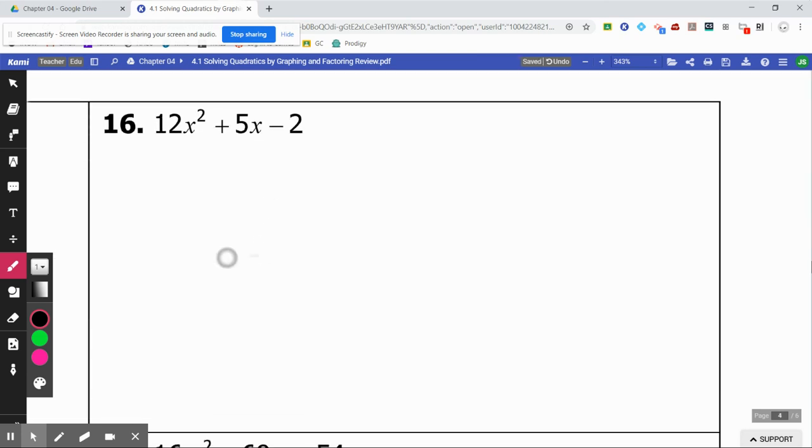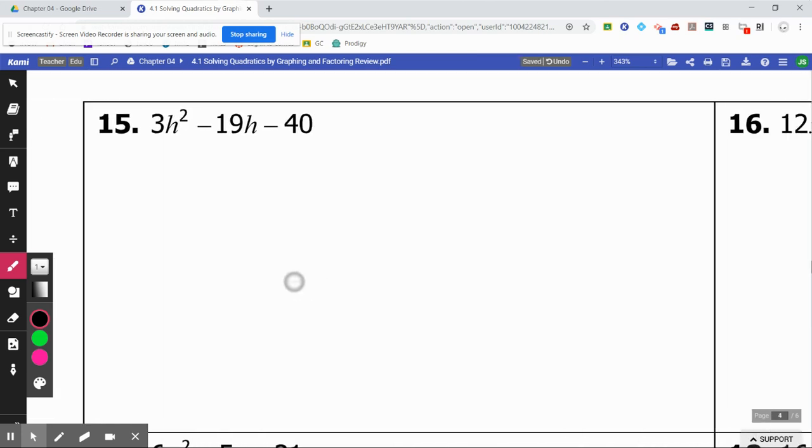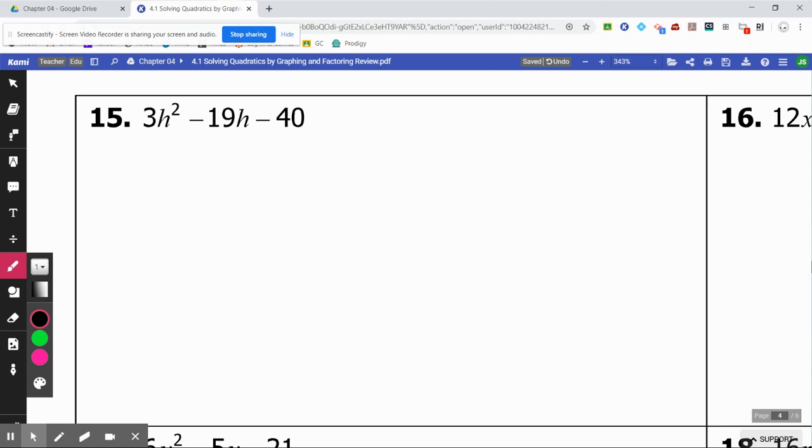Number 15. Again, no GCF other than 1, so we're going to use slip and slide. Move the 3 to the end. Gives you minus 120. Factor like normal. H times h. Adds, multiplies.